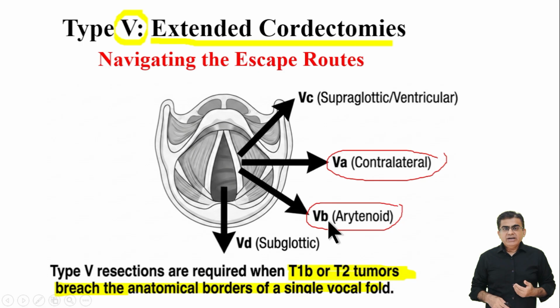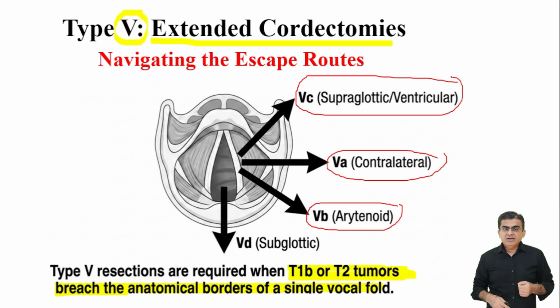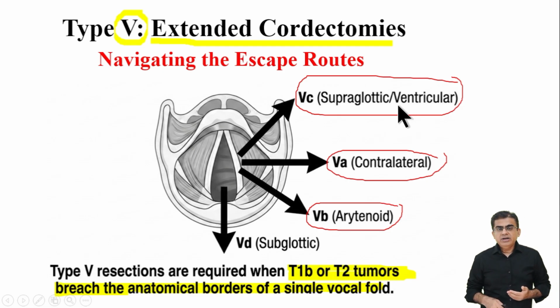Now look at the arrow pointing up and to the right, labeled 5C. This represents the superior or supraglottic extension. This means the tumor moves upward to involve the ventricle fold, the false vocal cord. Finally, look at the arrow pointing straight down, labeled 5D.